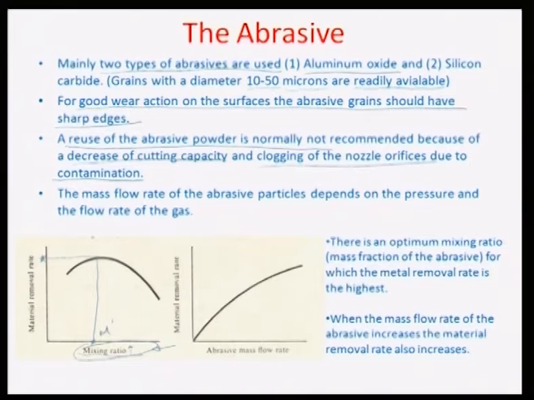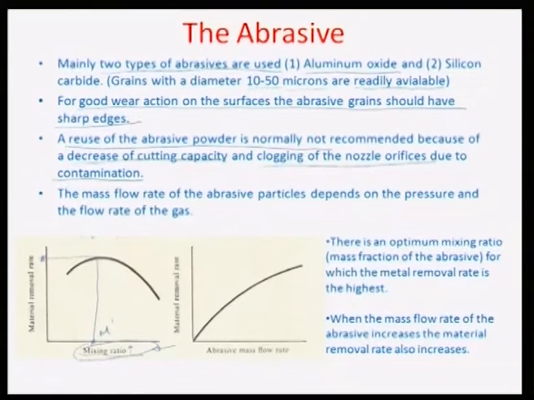So, the mixing ratio you can define basically by looking at the volume flow rate of the abrasive particles per unit volume flow rate of the carrier gas. Okay. So, if you are loading more, then the volume flow rate of the abrasive particles would increase and the mixing ratio would increase.